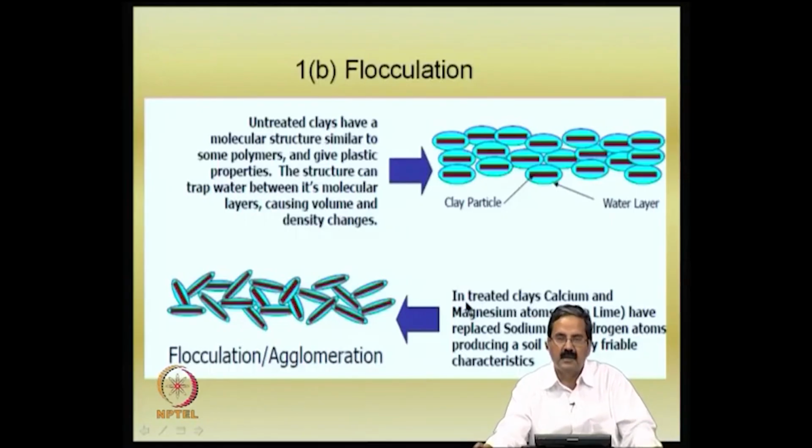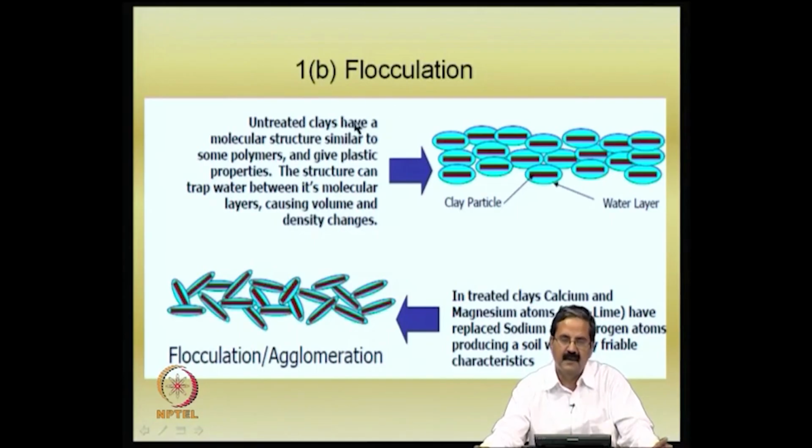This behavior of ion exchange is very important, because the ion exchange reduces the specific surface, and it could also alter the particle arrangement. So, it is quite an effective mechanism by which the water content in a material could be reduced if you particularly add calcium.